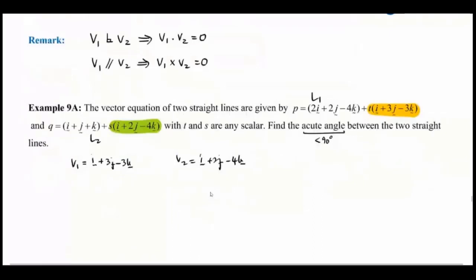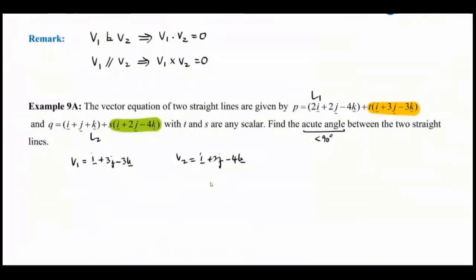By the formula, inverse cos of V1 dot V2 over magnitude V1 times magnitude V2. So we have to find V1 dot V2. We have 1, 3, negative 3 and 1, 2, negative 4.